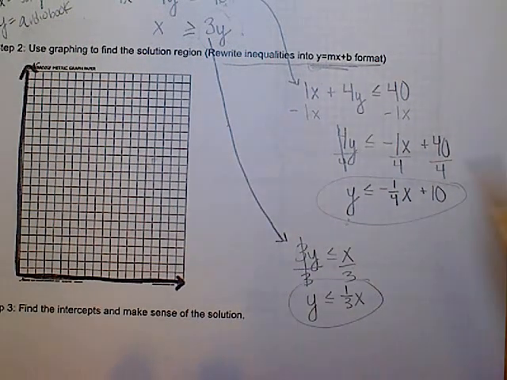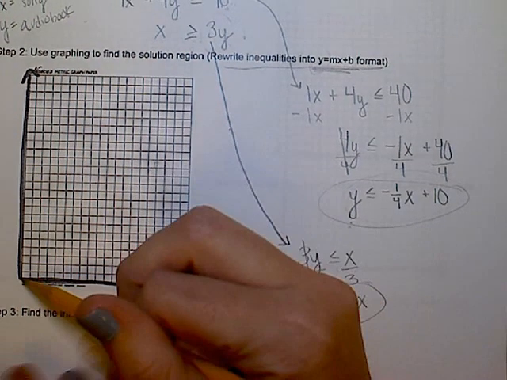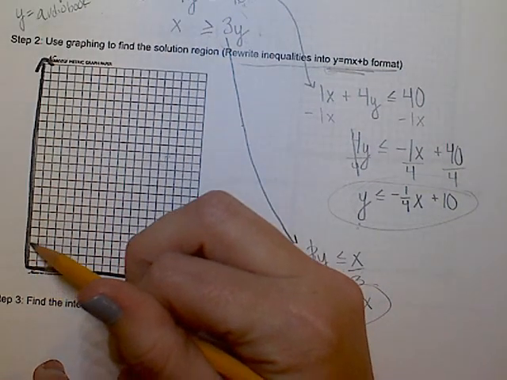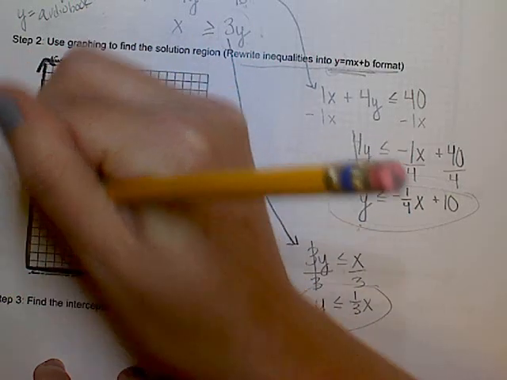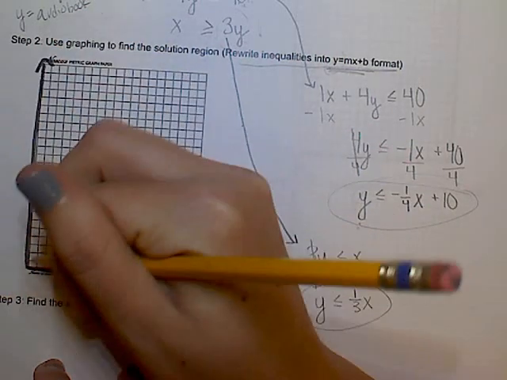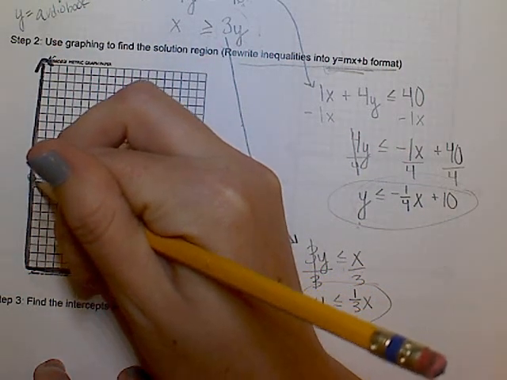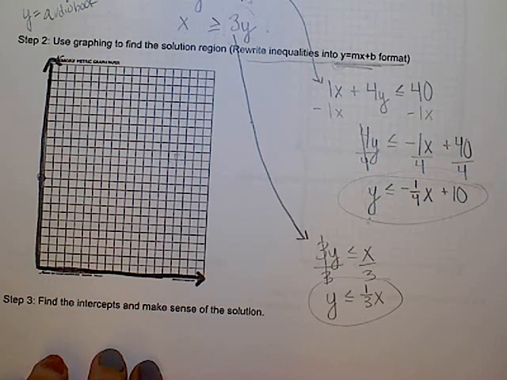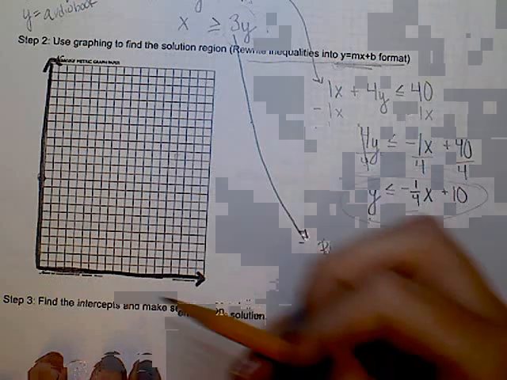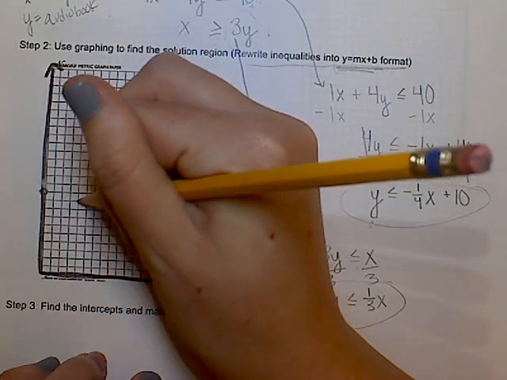So let's start. If I have y is less than or equal to negative 1/4 x plus 10, my y-intercept is going to be at 10. And then I'm going to go down and to the right. So down 1 and to the right, 1, 2, 3, 4.